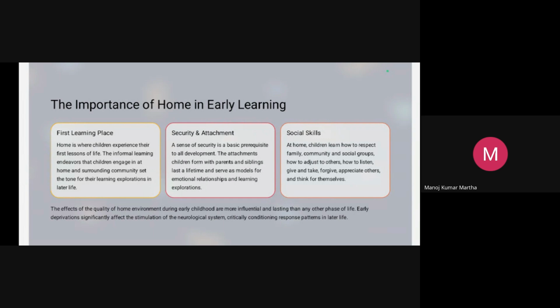As man is a social animal, in order to be accepted by society, a person needs different social skills. These may be forgiveness, appreciation of others, tolerance, collaboration, cooperation, and many other social qualities. The base of these qualities is developed in the family. So that's why the family is very important.